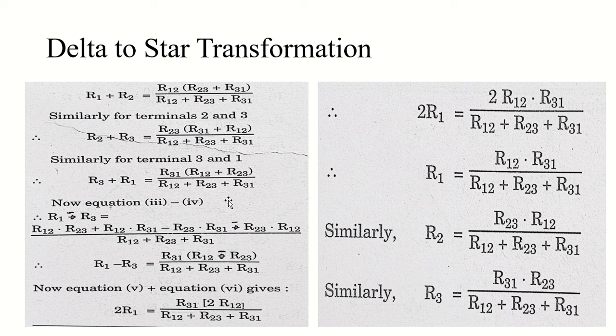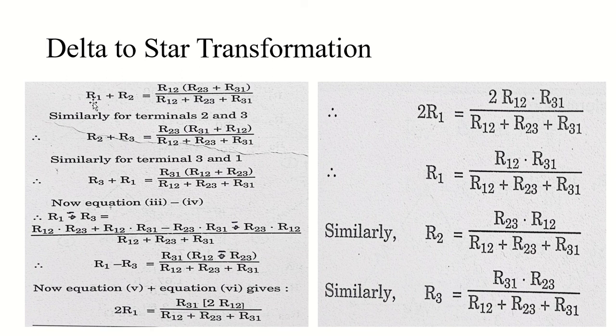Now the final goal is to find the values of R1, R2 and R3. So how do we find it? Let's take the subtraction of two of these equations: the first equation and the next equation to it.